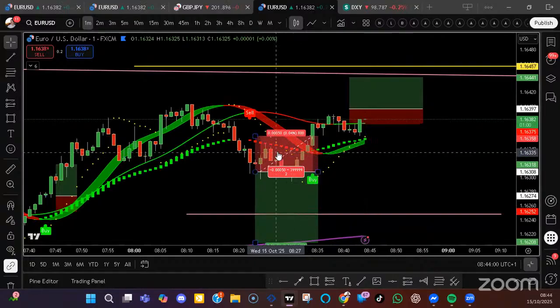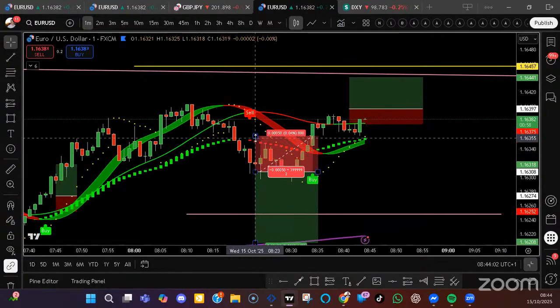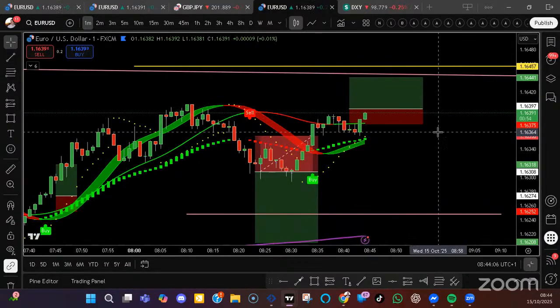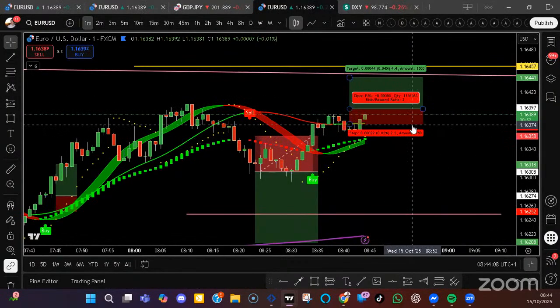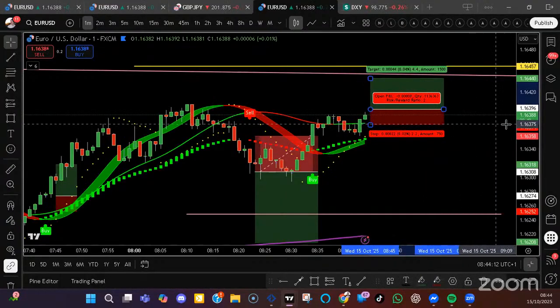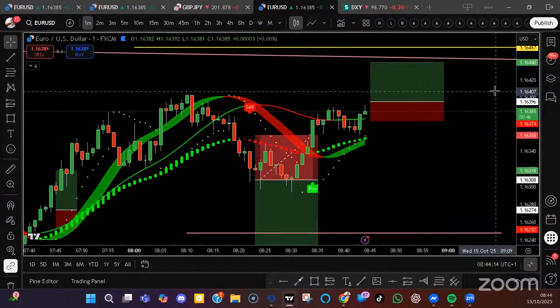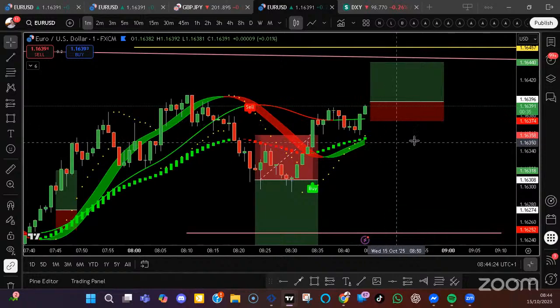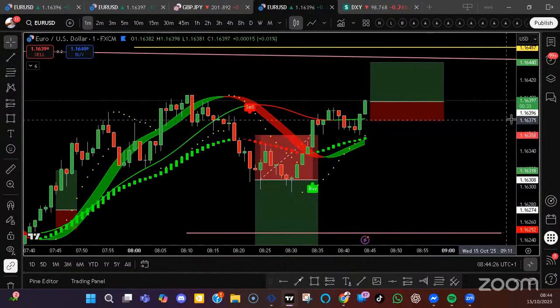People trying to make a really quick pip or so, and then taking the money out, so I'm not really into the EUR USD like I was for many months before, and it's a reflection on the global market. Really had enough of it.